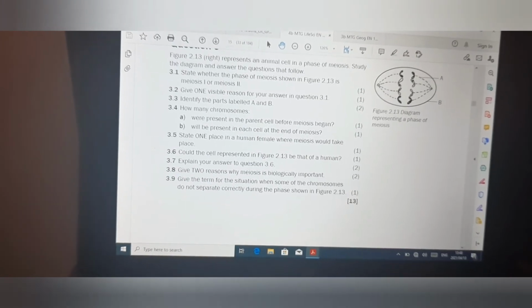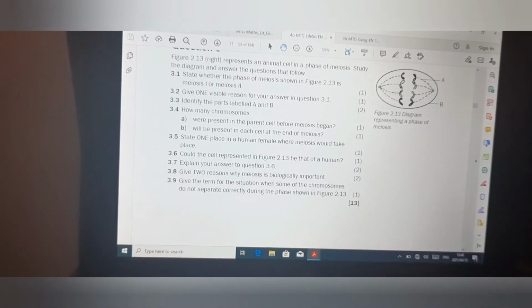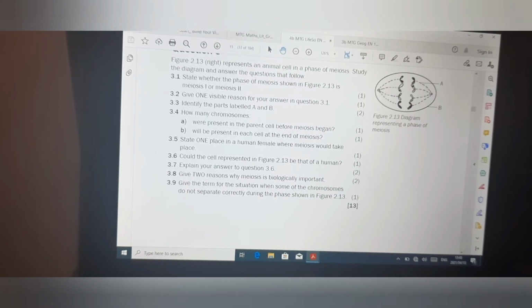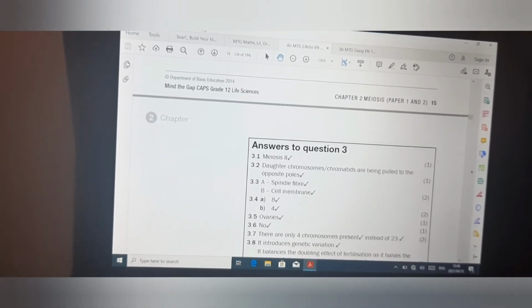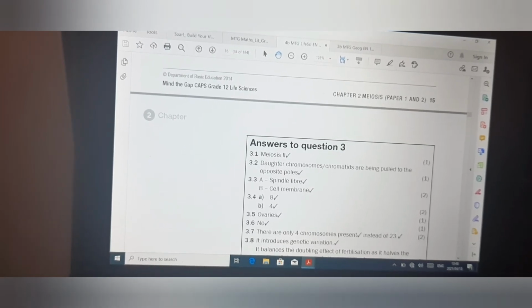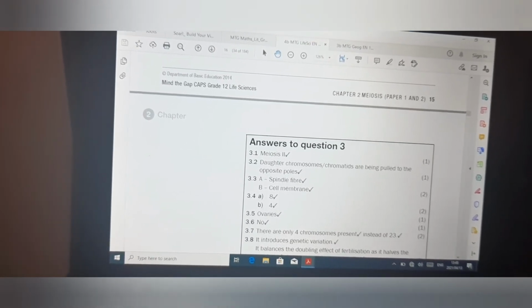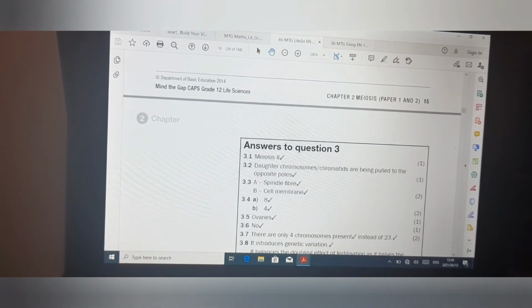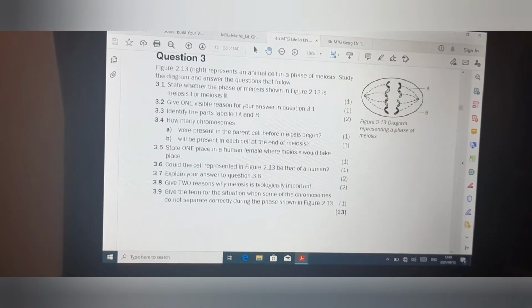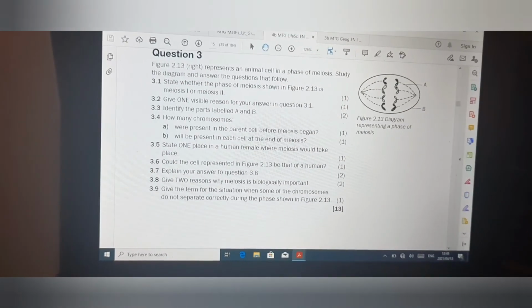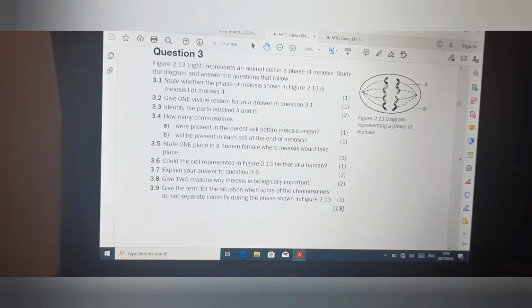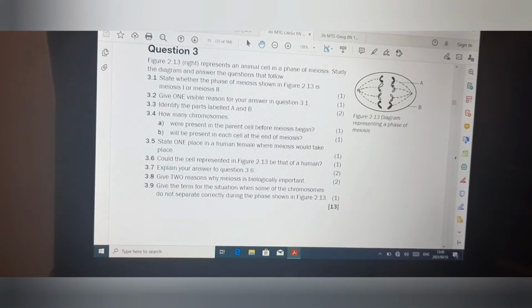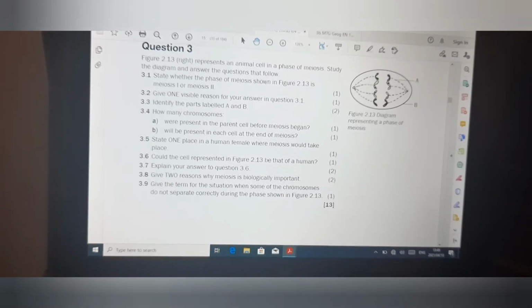No. Explain your answer to 3.6. Let's go to the answer. There are only 4 chromosomes present instead of 23. That's the reason why. So in a human body, you have 23 instead of 4 in a cell.